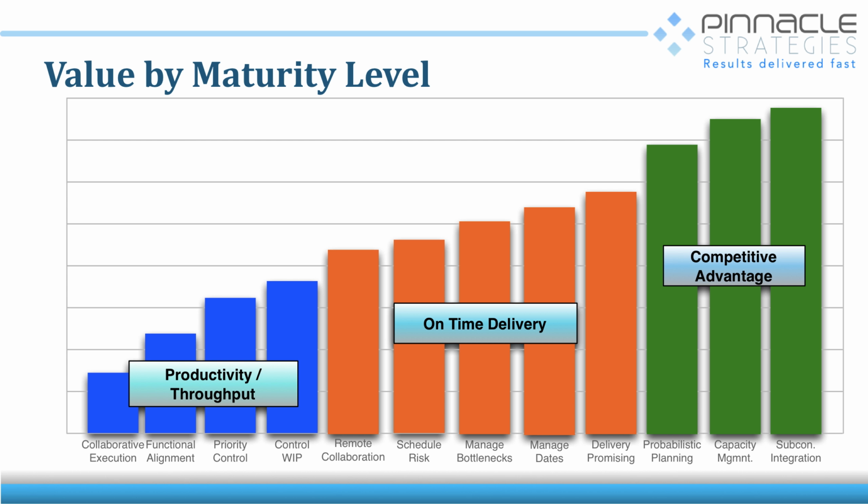And our experience implementing the execution maturity model across organizations is that as we move through, there are actual revenue and profit numbers, productivity, throughput. You can pick your metric on each level of the execution maturity. So at the very beginning, we're just focusing on productivity and throughput, and then we start focusing on on-time delivery, and then we can start focusing on competitive advantage.